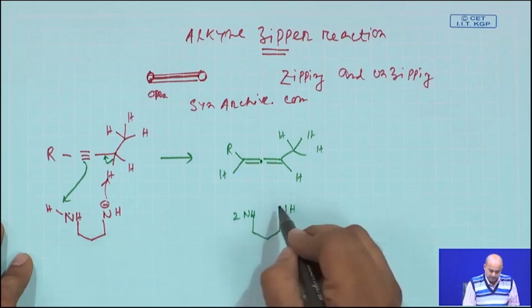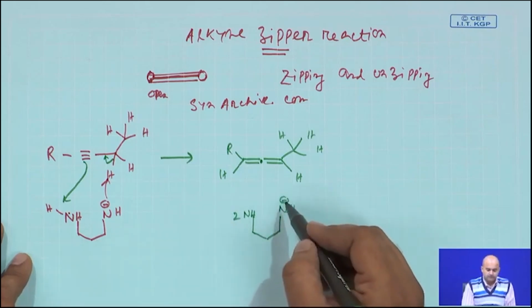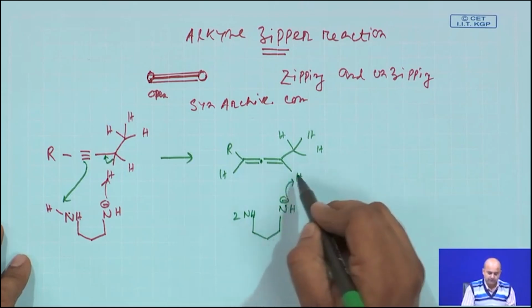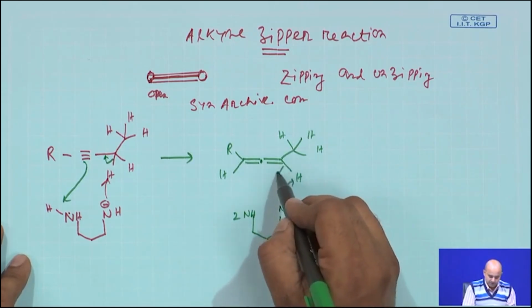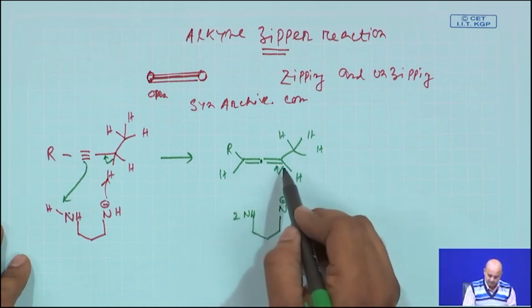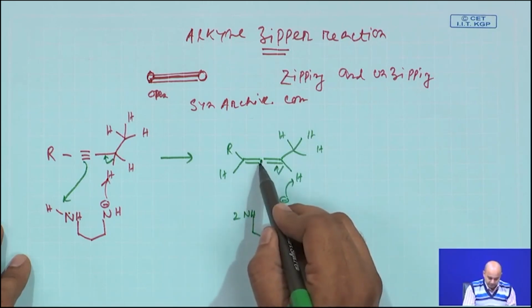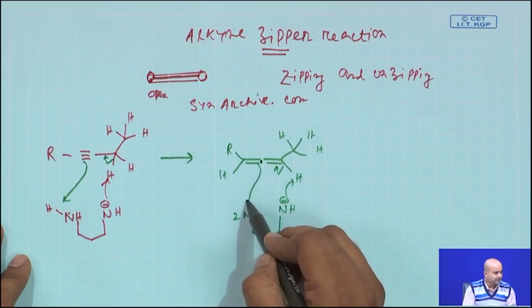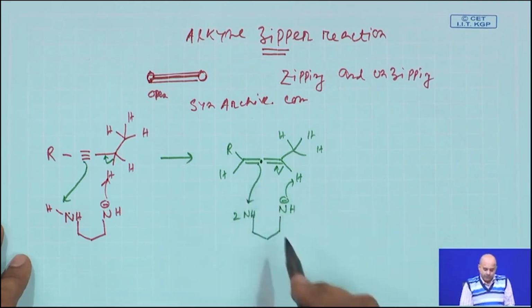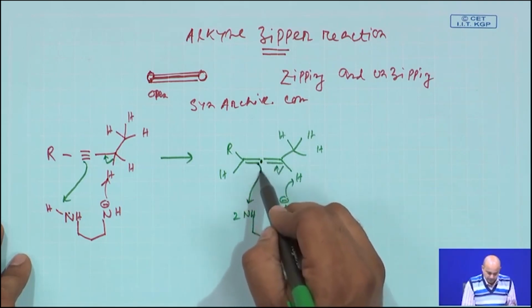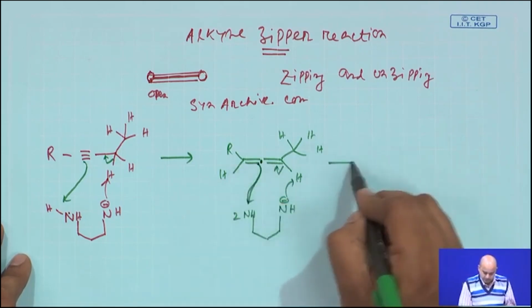Now, the same base remains here and will try to do the same thing again. It will abstract this hydrogen again, putting the minus again on this double bond to generate the alkyne, and then the central carbon of this allene will take this proton.